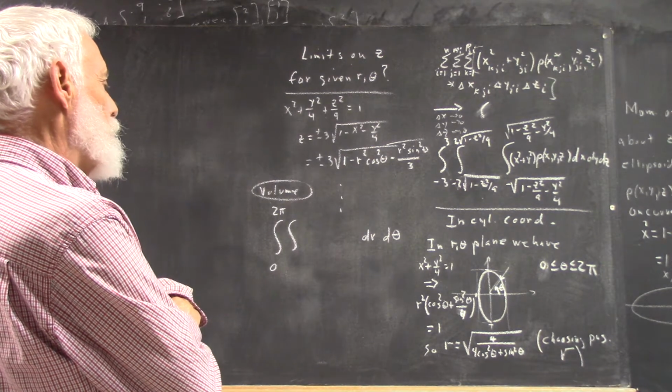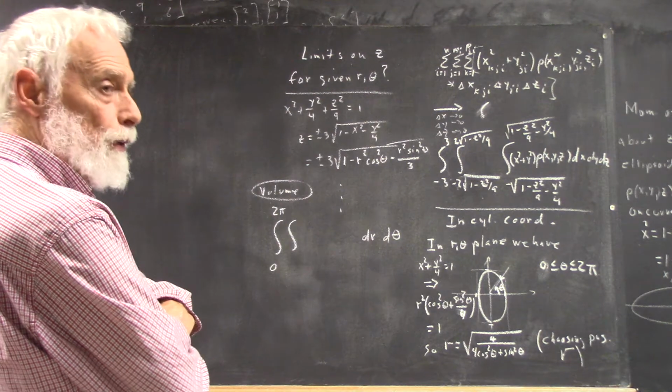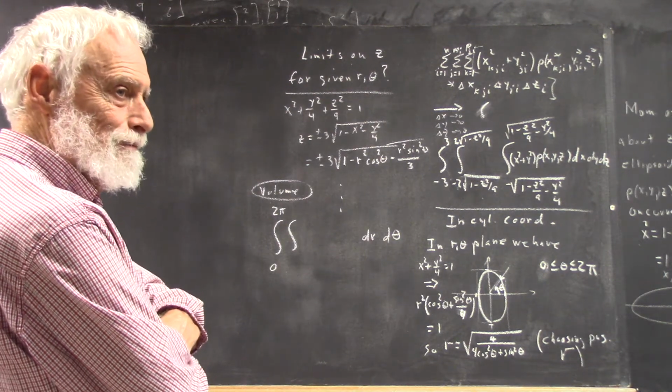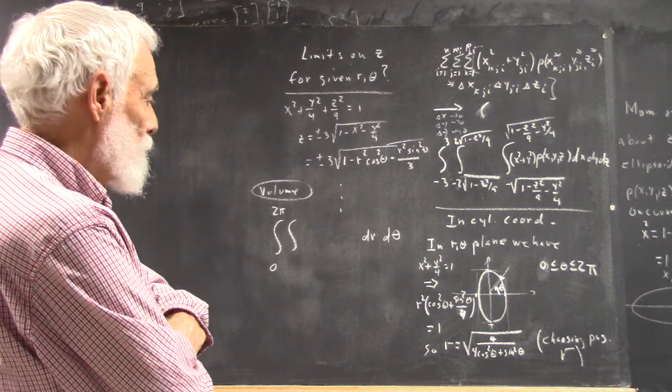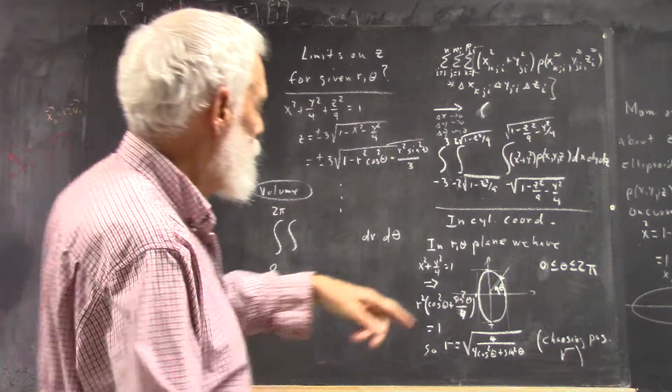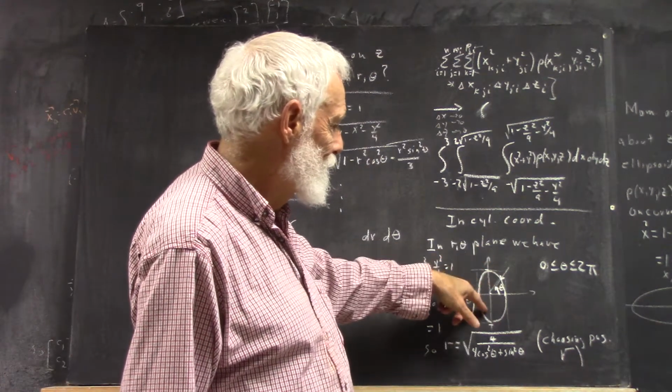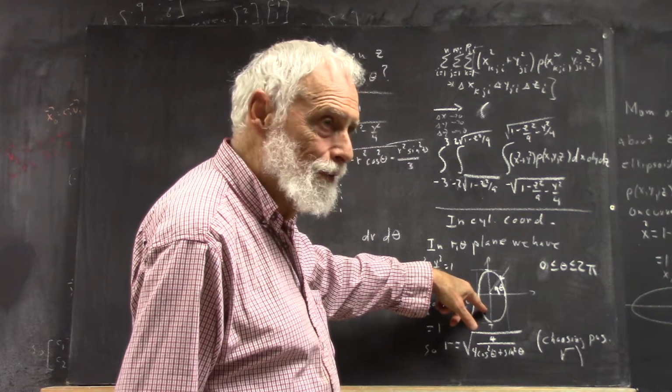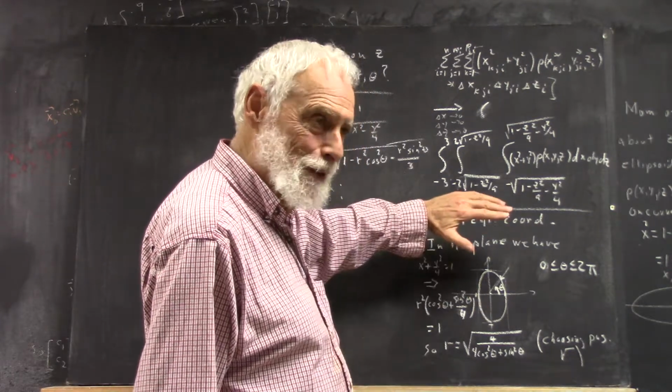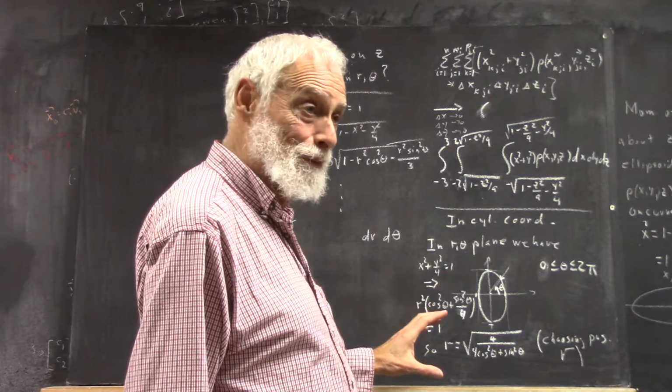Now your limits on r actually depend on both theta and z, so this is totally wrong. We have to partition the ellipse in the z-plane before we can do this.